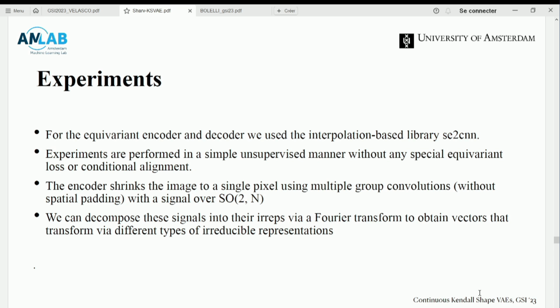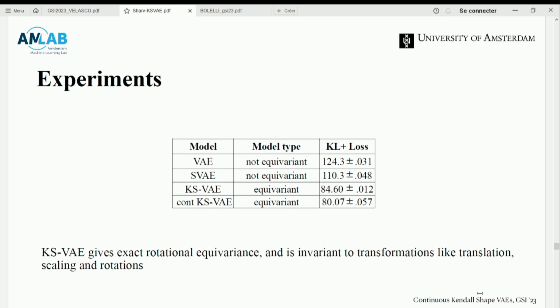So maybe I can leave the details of the experiments for later, but I can present the final results. What we did for comparing our method is that we took the vanilla VAE, then the spherical or hyperspherical VAE. Both of these are non-equivariant models, so the convolutions used for these were different than the KS-VAE.